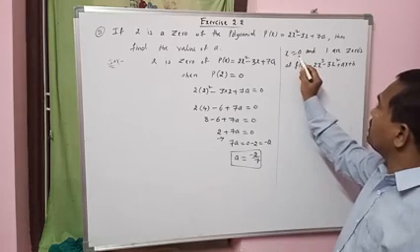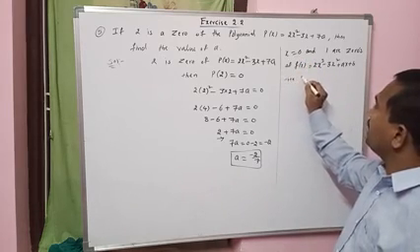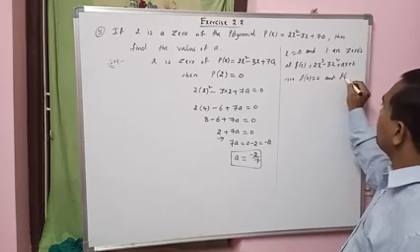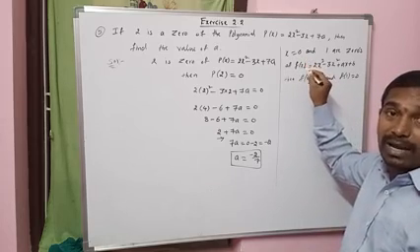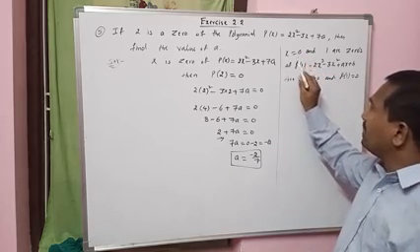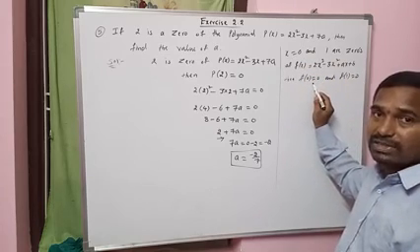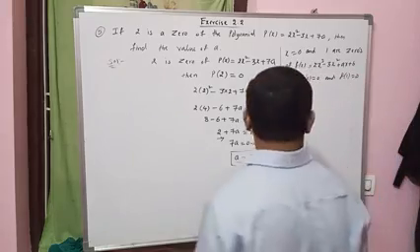Then, x equals 0 is a 0 of the polynomial means f of 0 equal to 0, and f of 1 equal to 0. By substituting x value 0, this polynomial value becomes 0.